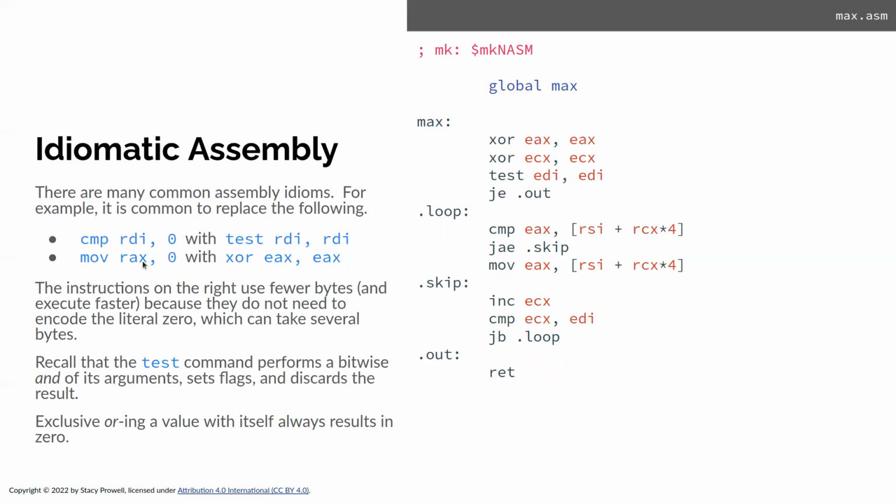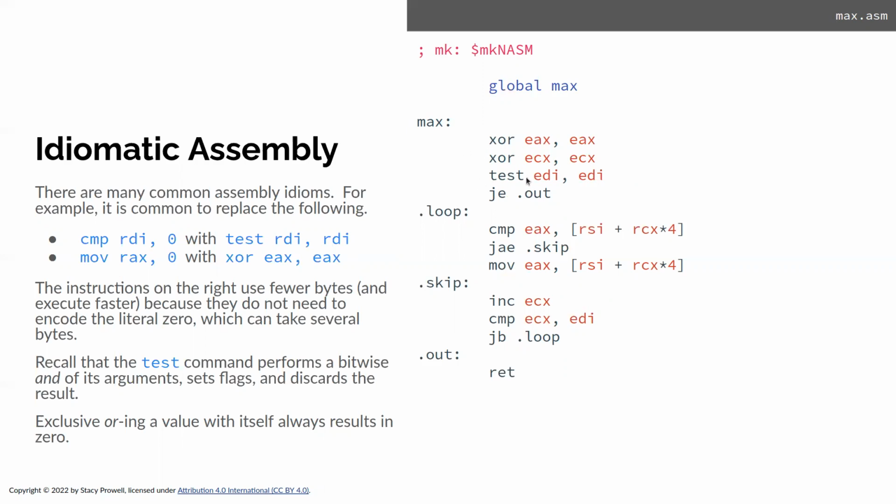Instead of a move 0 into RAX, it's usual to exclusive OR a register with itself. Right? 1 exclusive OR with 1 is 0, and 0 exclusive OR with 0 is 0. So when you XOR something with itself, every bit gets wiped out and it becomes 0. So instead of setting something equal to 0, you exclusive OR a register with itself. Why are we doing this? This seems like it's intentionally insane, right?